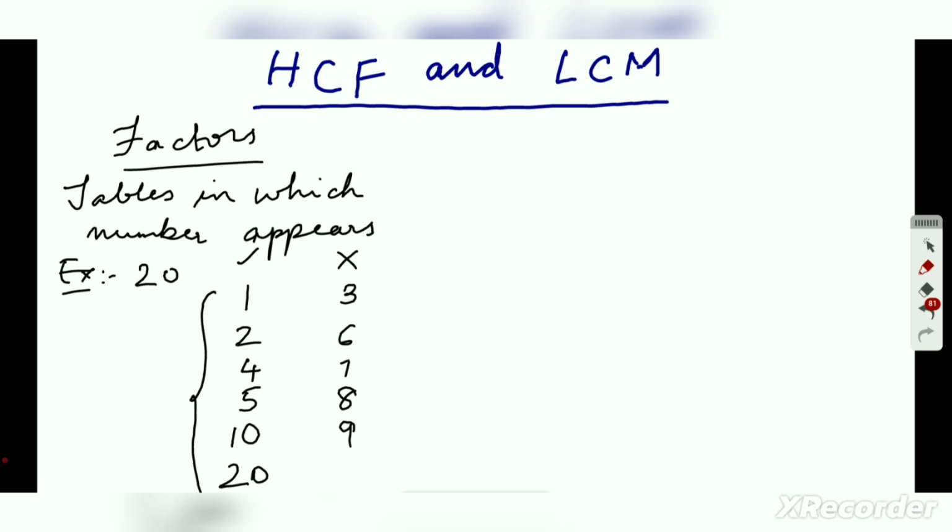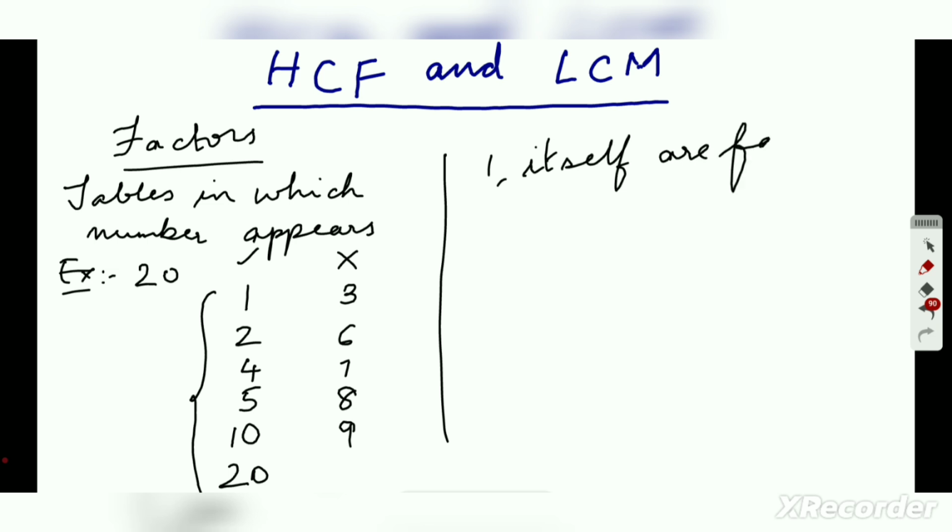So some points you need to remember about factors. One is that 1 and the number itself are always factors of any given number. 1 is the smallest factor and the number itself is the largest factor.